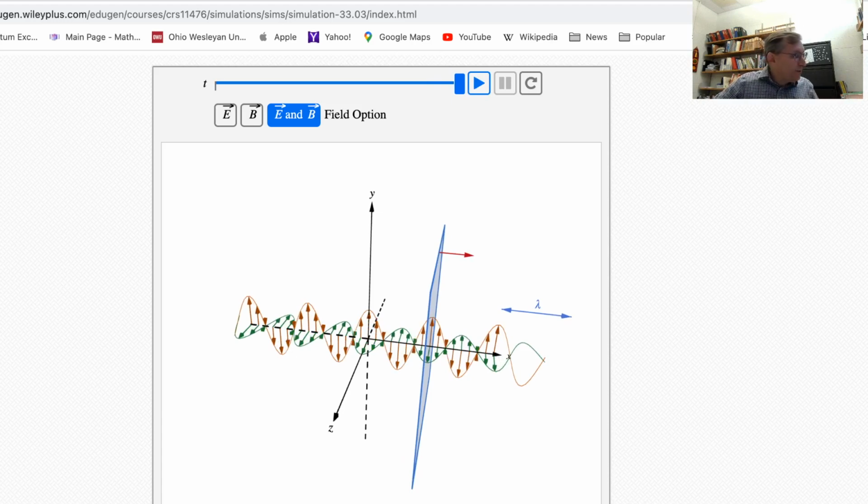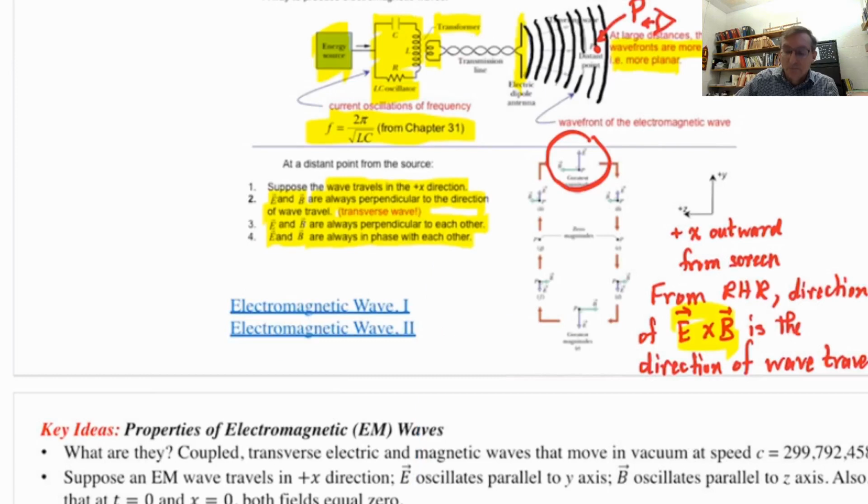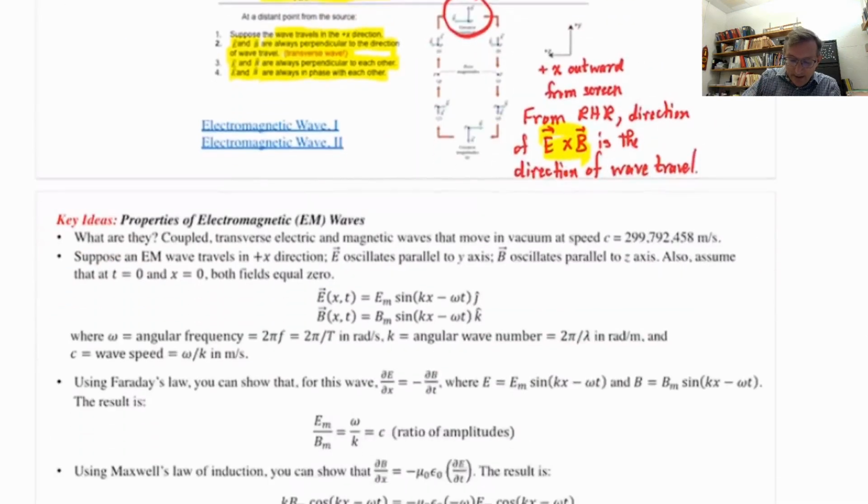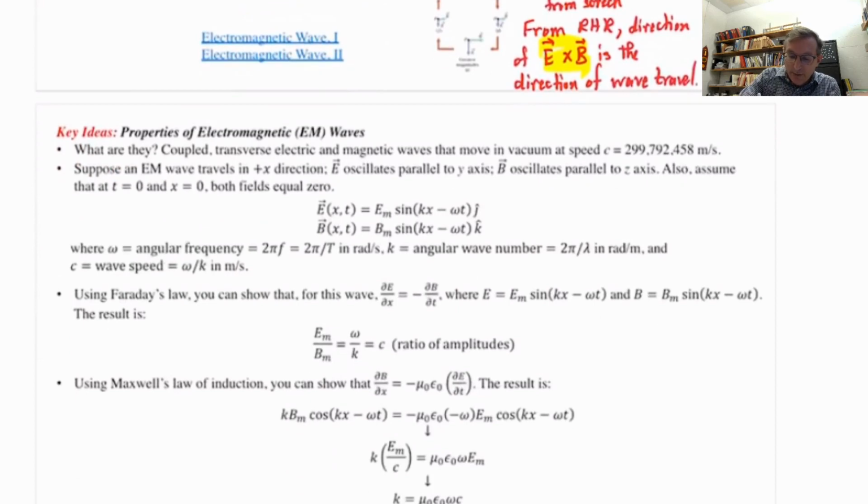It's that kind of wave that we are interested in. Okay? This would be called a sinusoidal electromagnetic plane wave. Now let me go back to my notes. All right, so now let me focus on the mathematical properties of an electromagnetic wave.